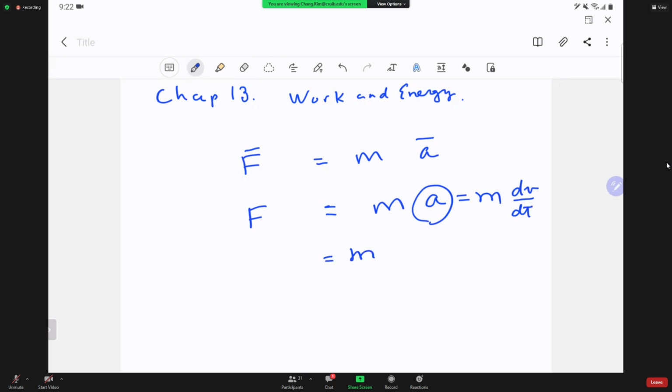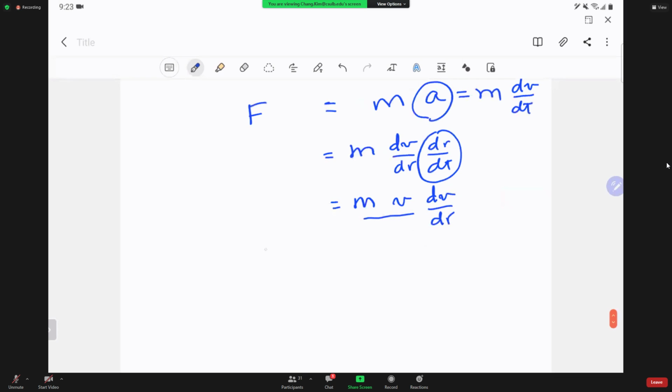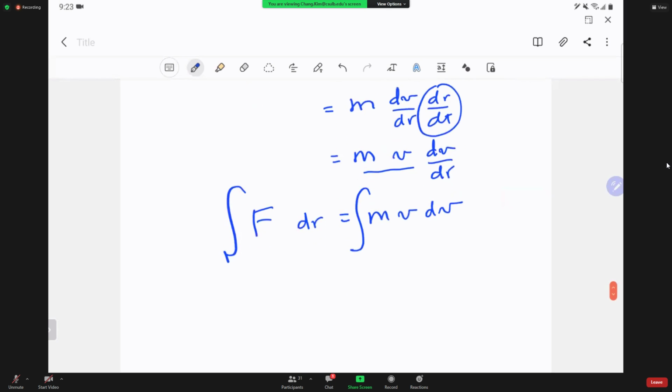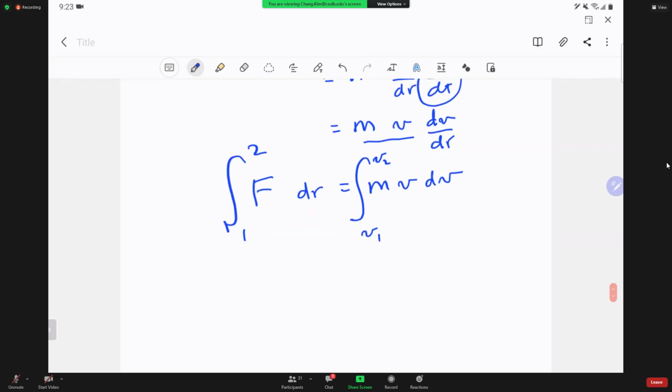Now I'm going to rewrite this with a dr dt. This is a velocity. Boy, this looks familiar. I'm going to put the dr and integrate over position 1 and 2, velocity 1 and 2.